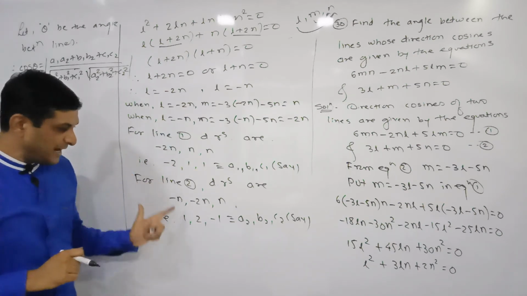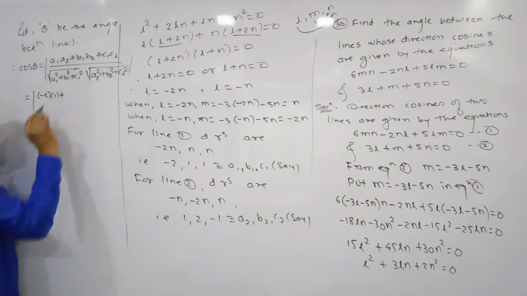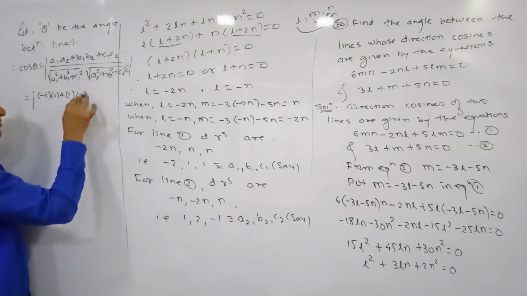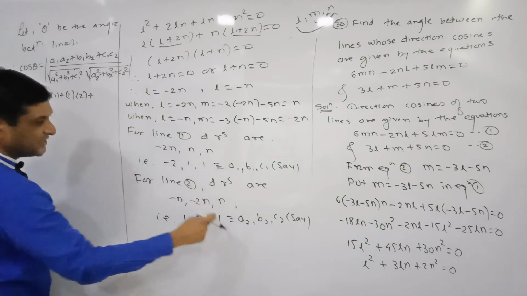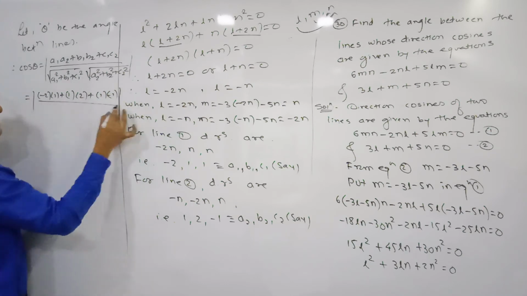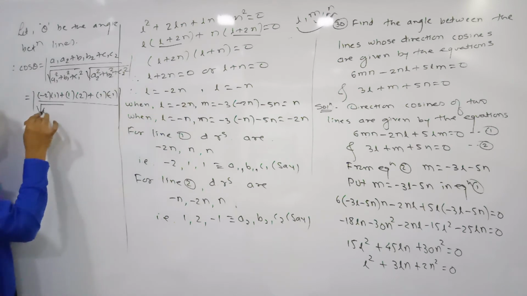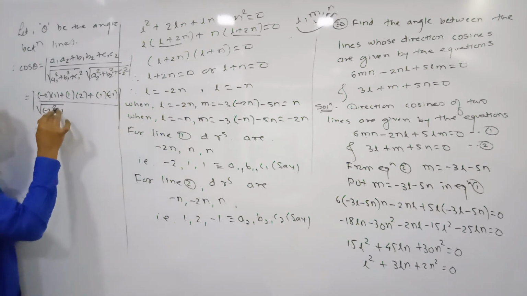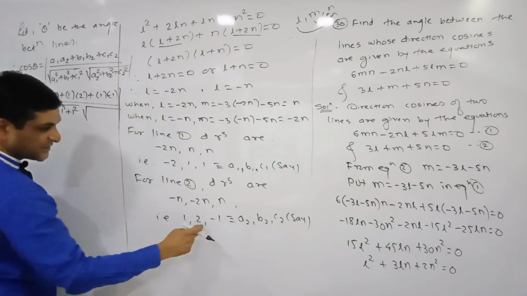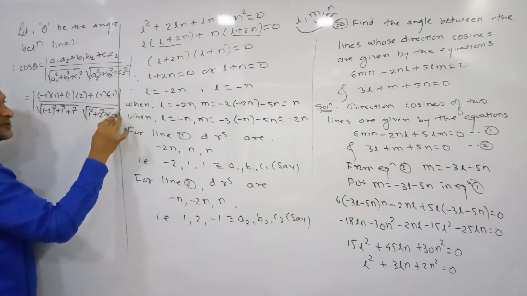A1 A2 means minus 2 into 1, plus B1 B2 means 1 into 2, plus C1 C2 means 1 into minus 1, divided by under root A1 square plus B1 square plus C1 square, means minus 2 square plus 1 square plus 1 square, into under root A2 square plus B2 square plus C2 square, means 1 square plus 2 square plus minus 1 square.